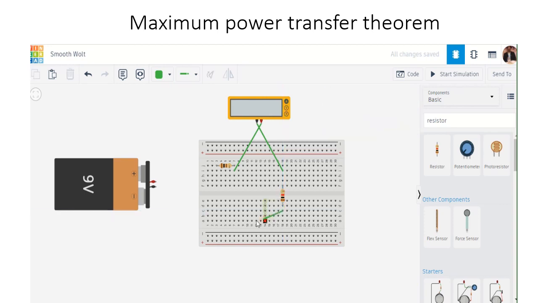So this RL is connected to the negative of the battery, and the positive of the battery is connected to R Thevenin. Then we have to connect a voltmeter to measure the voltage across the load resistor. So another multimeter.